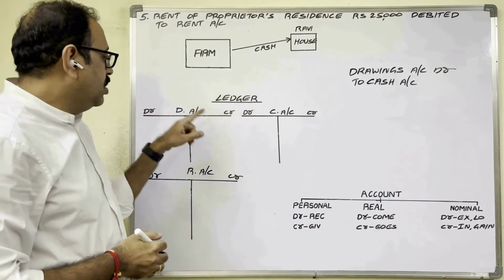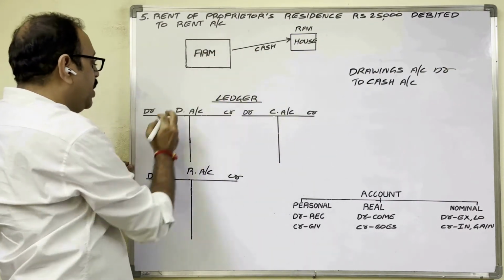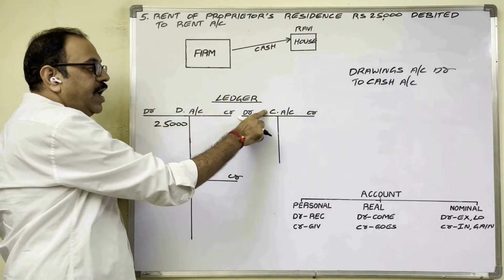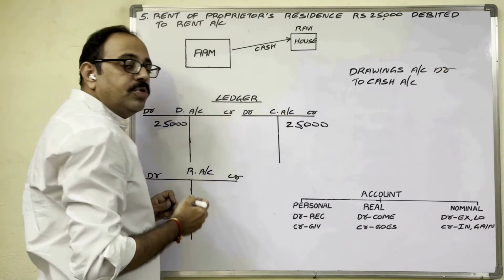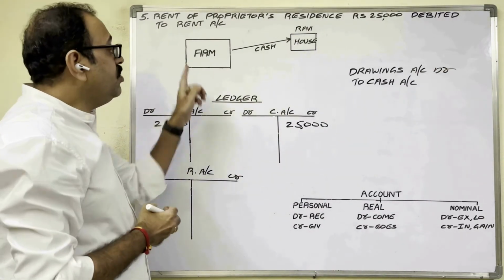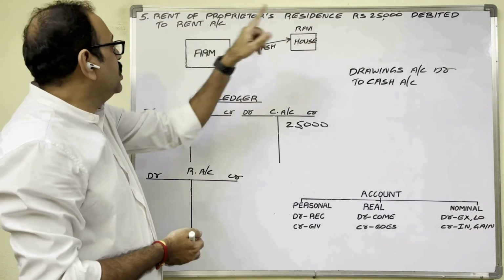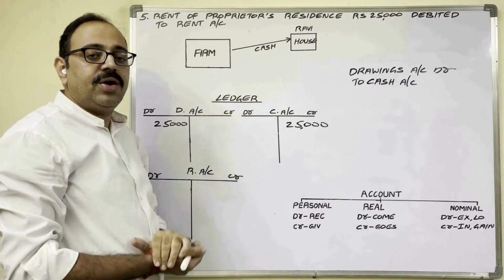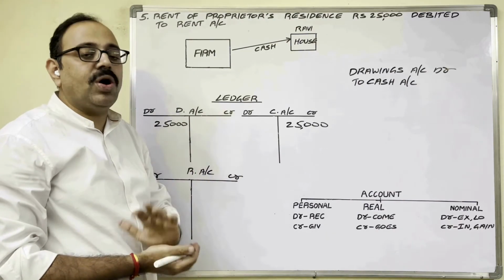Correct posting? In the drawings account, on the debit side we should post 25,000 rupees. In the cash account, on the credit side. Correct entry, correct posting. Now observe what is the mistake. Rent of proprietor's residence 25,000 debited to rent account. So the accountant doesn't know about the business entity concept.